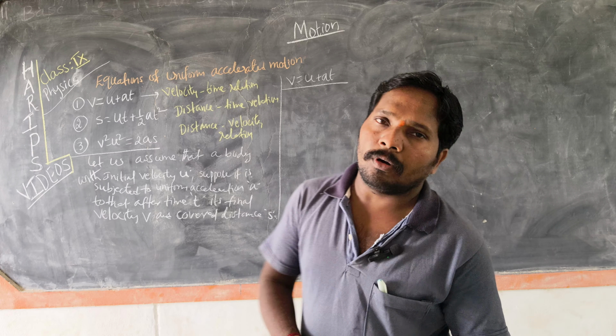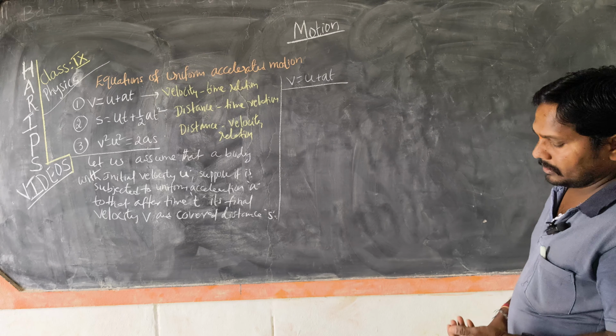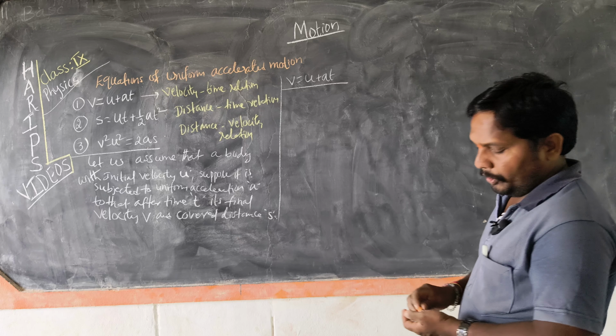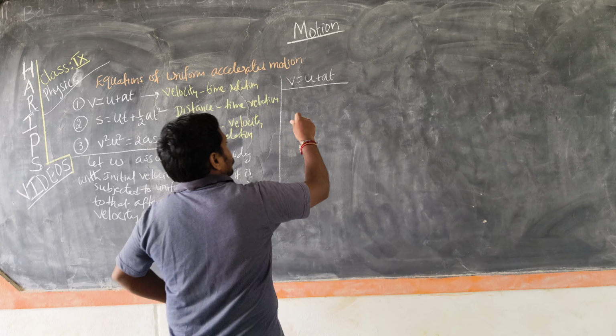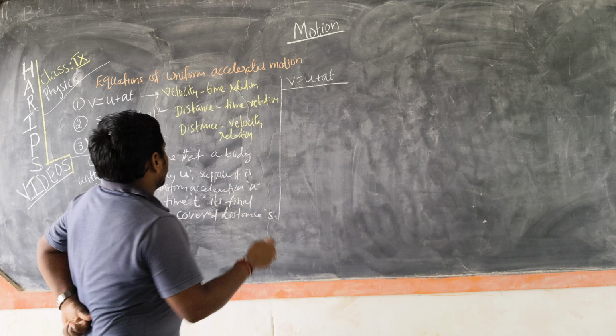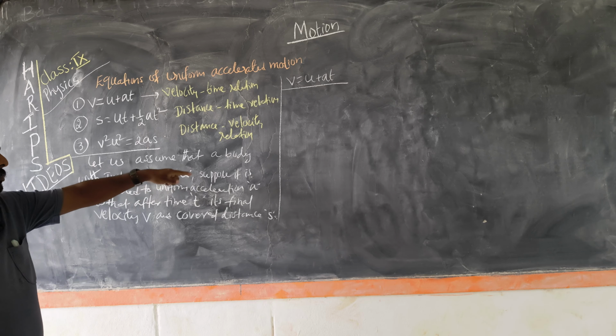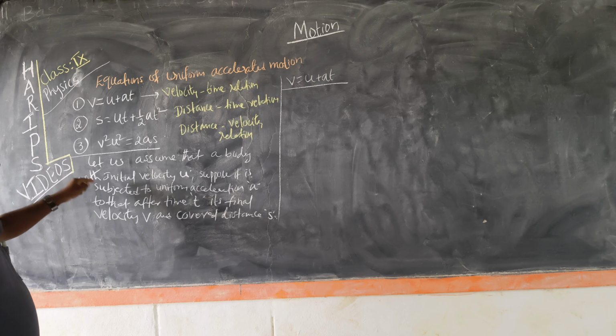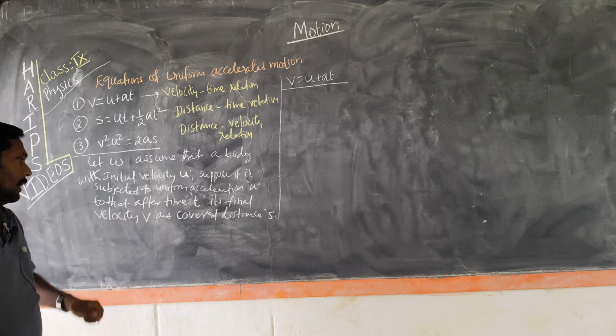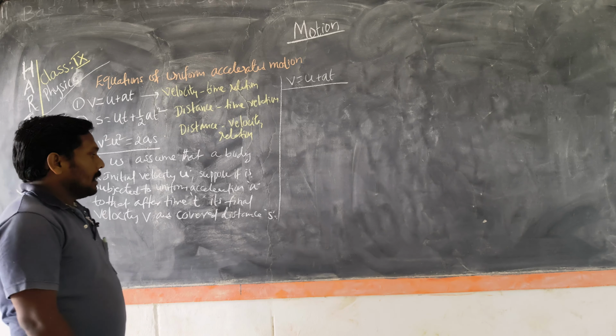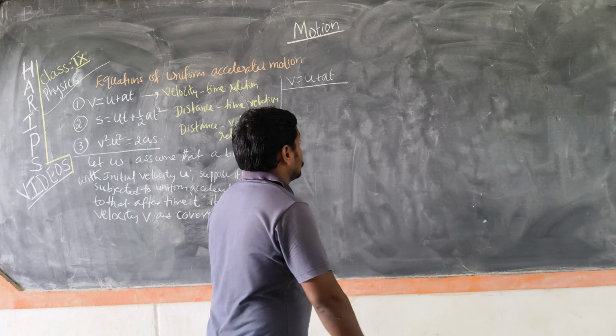Derivation of v equal to u plus at. Let us consider a body with initial velocity u subjected to uniform acceleration a, and after time t its final velocity is v and it covers distance s.